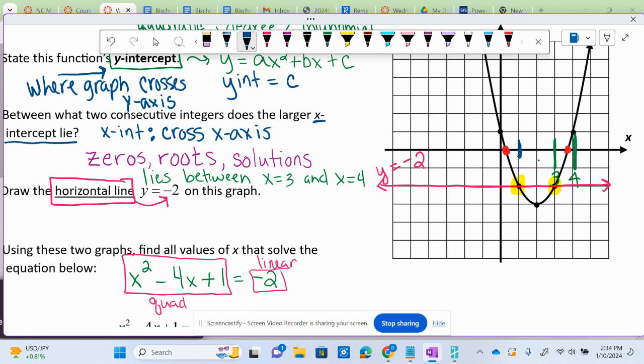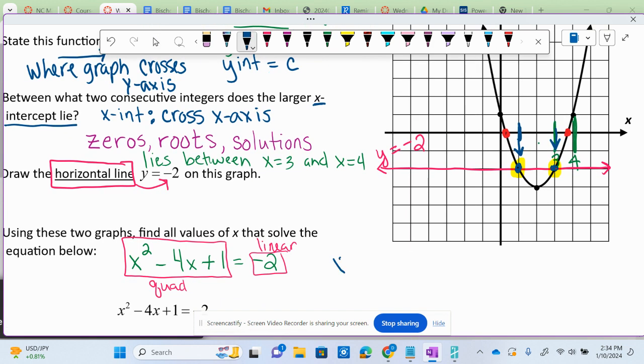Well, when x is whatever this is, I cross both lines. And when x is whatever this value is, I cross both lines. So what are the two x values that work for both equations? Go ahead, Zach. Yeah, when x equals 1 and when x equals 3.